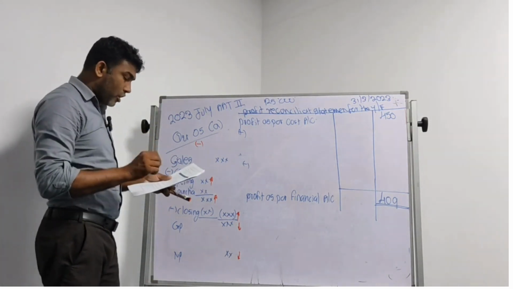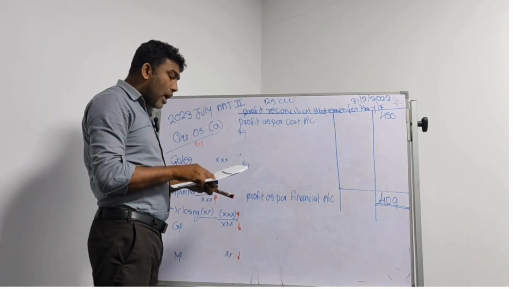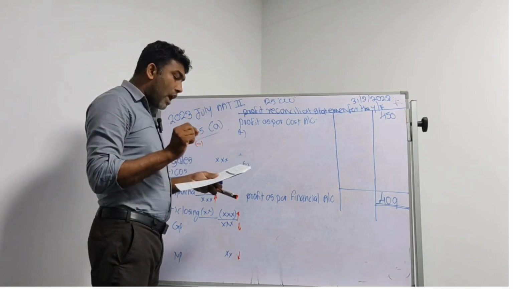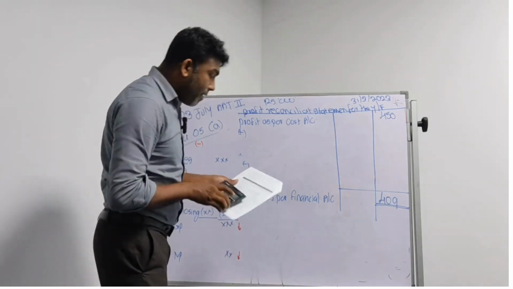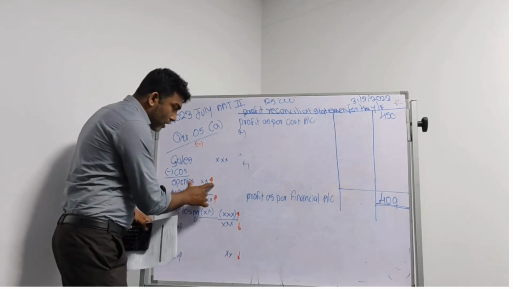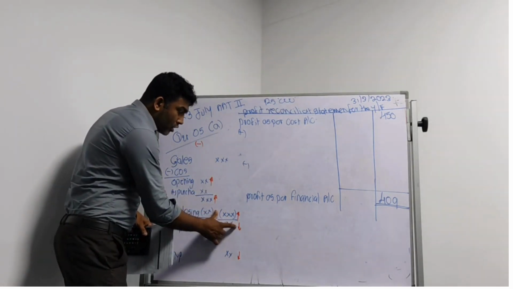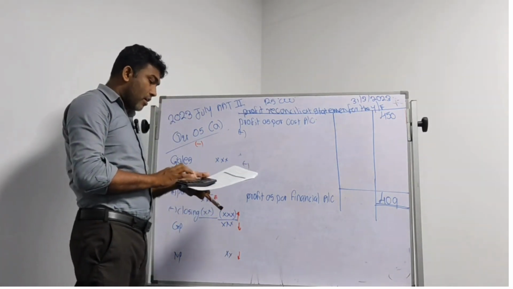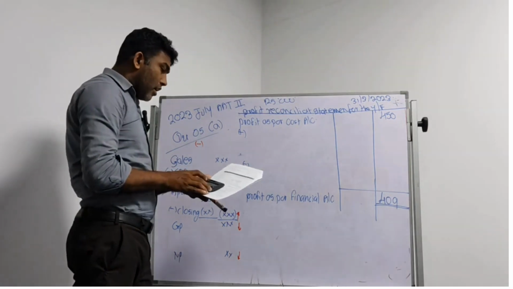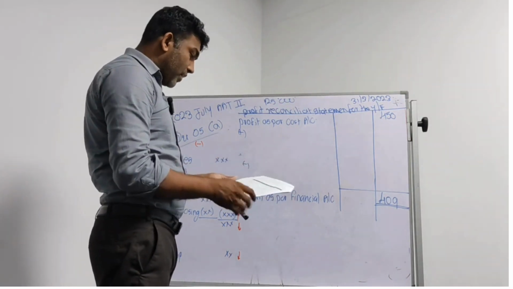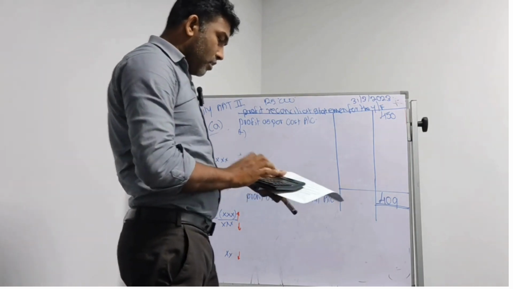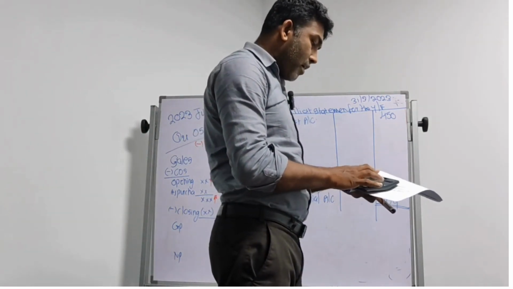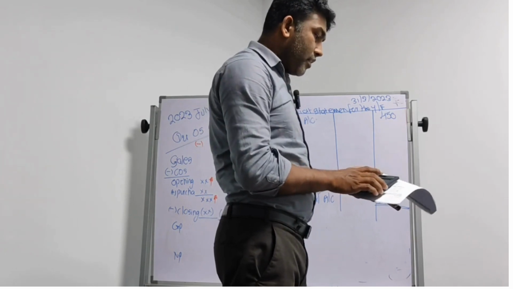Now see, in this question, financial accounting is having higher opening stock compared to the cost accounting. Financial accounting is having higher opening stock, meaning they're having low profits. Higher opening stock means low gross profit. Low gross profit means low net profit. If you take the reference, 47,500 minus 52,500, the gap is exactly 5,000, right?